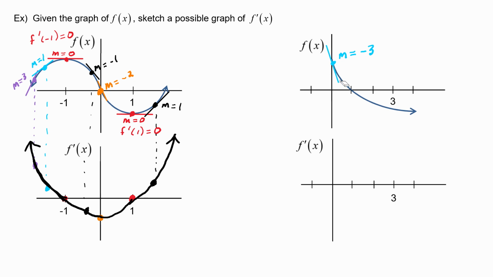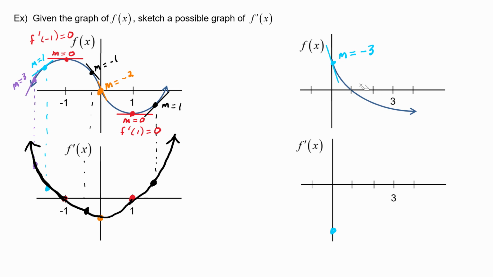But if I call this a slope of -3, then I'll put that y value here on the graph of f prime. So since this is the steepest slope on the graph in the negative direction, that means this will be the farthest negative point on the graph of f prime.